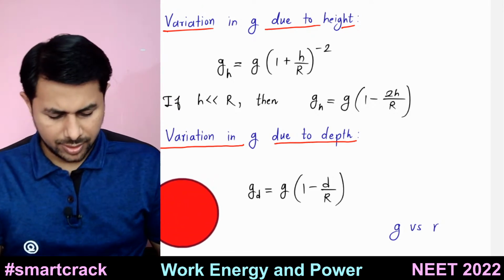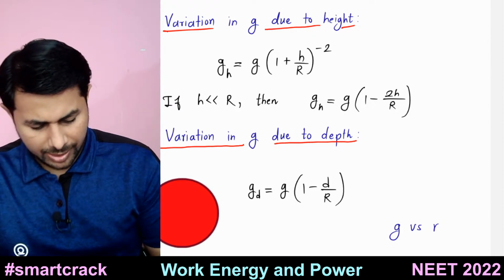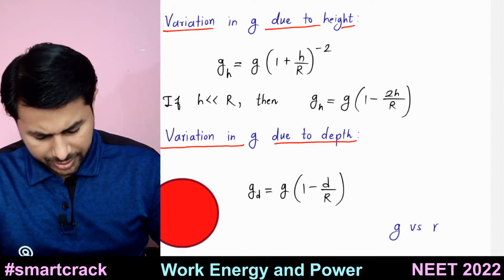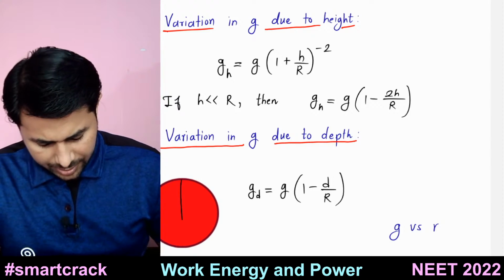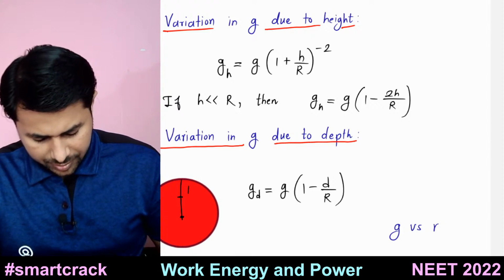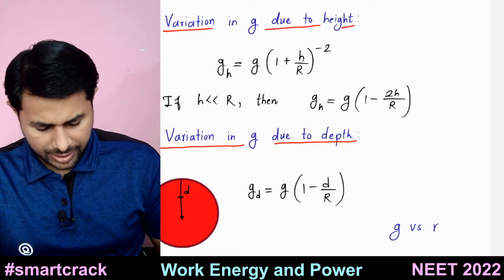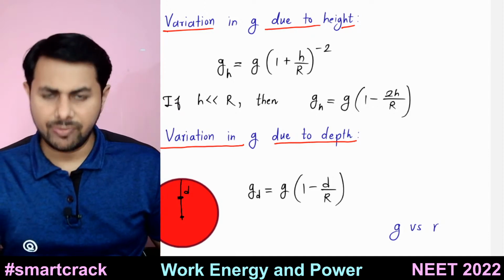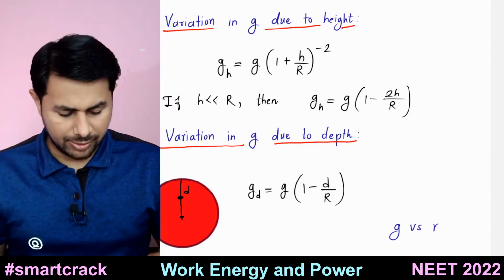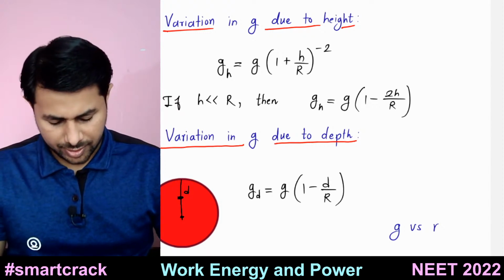This is Earth. What will happen to the acceleration due to gravity at depth d? This is the depth d at this point, let's say. What will be the magnitude of acceleration due to gravity? It is given by this formula.